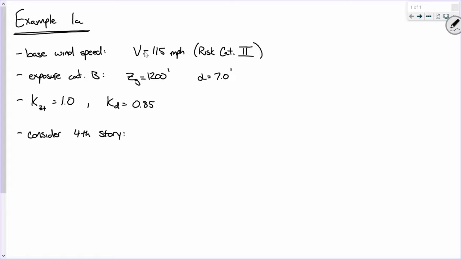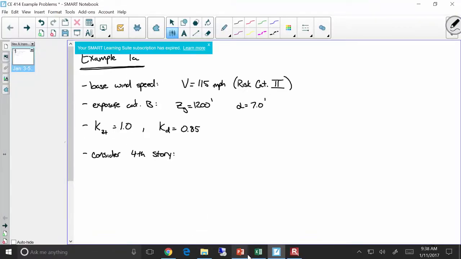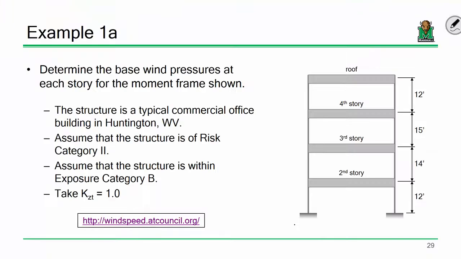All right. So let's consider the 4th story. Now, the first thing we need to determine is Z. Now, Z is the height of the 4th story above the ground. So if I go back to the image here, if we're looking at the 4th story, how would I determine the height above the ground? I'd say 12 plus 14 plus 15.